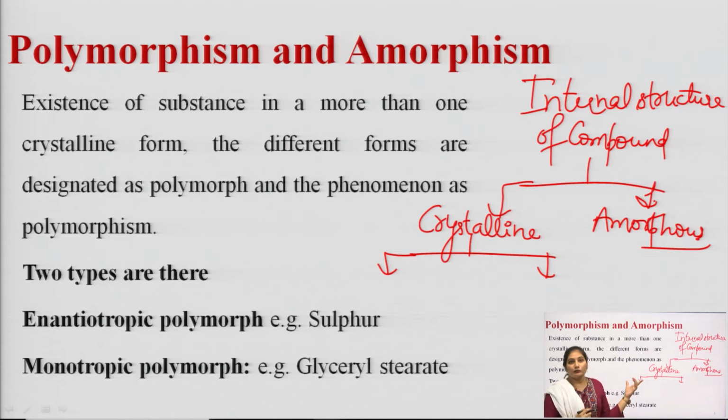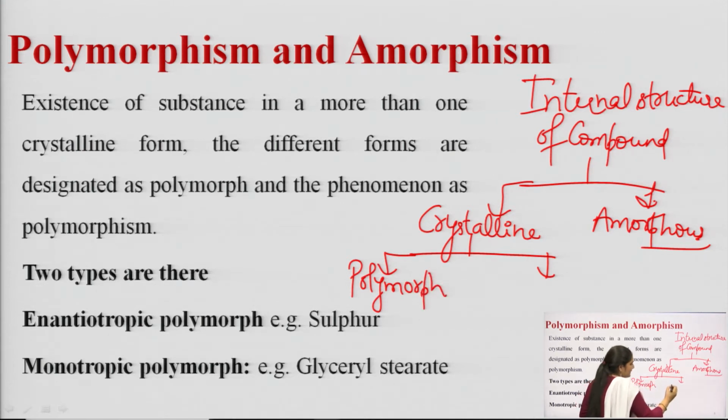In the crystalline form there is also a categorization. One is the polymorph, and the second is the molecular adducts.